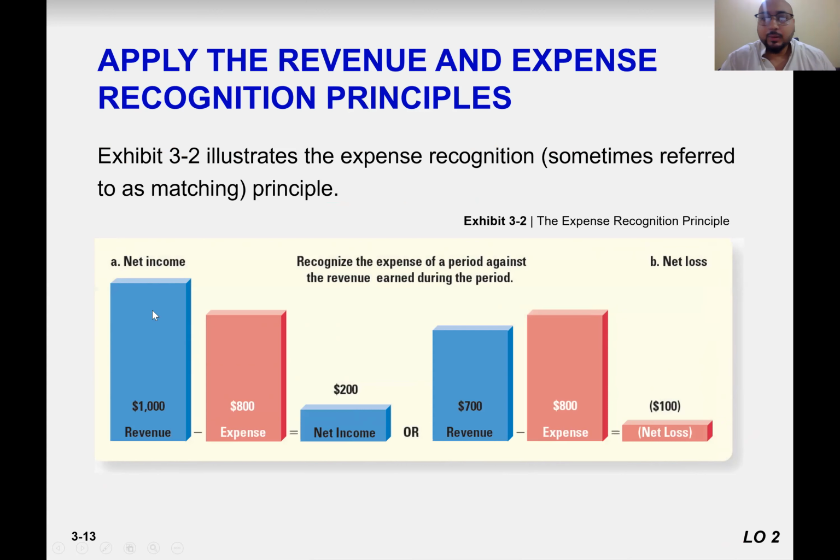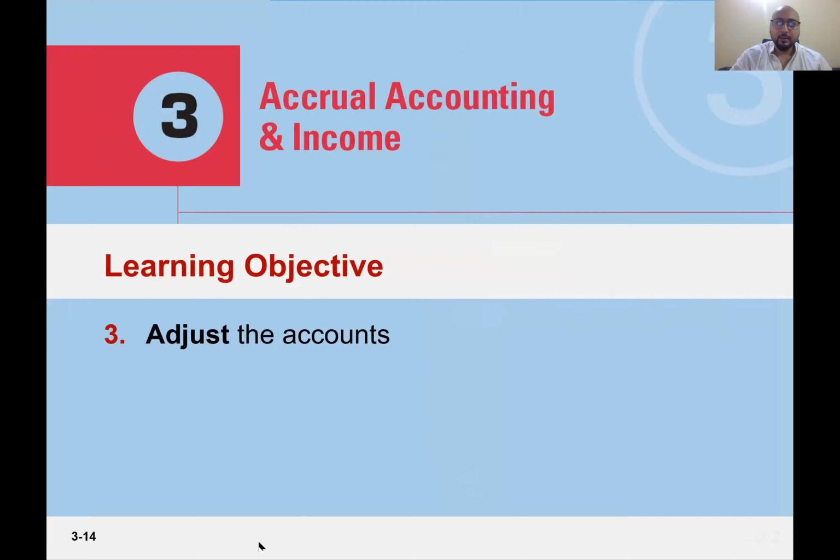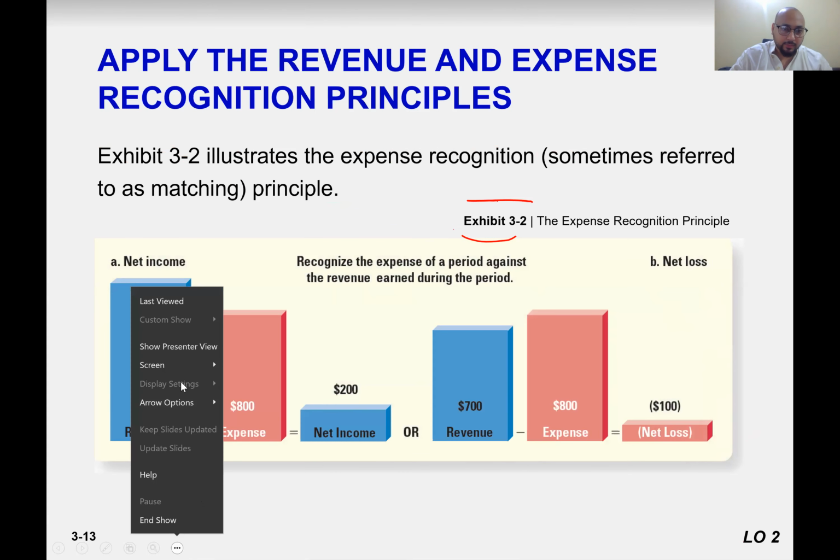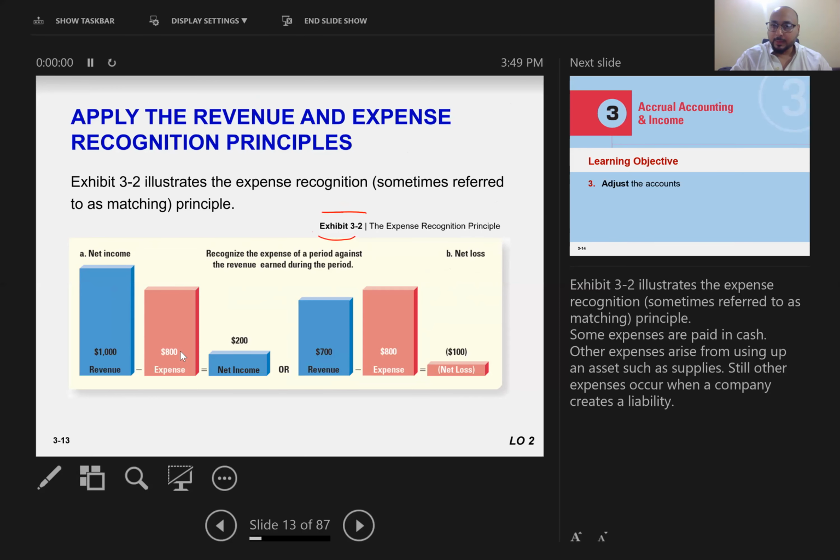So here we go. Exhibit 3.2 illustrates expense recognition, sometimes referred to as the matching principle: recognize the expense of a period against the revenue earned. We don't have this illustration, so I'm going to ignore it.